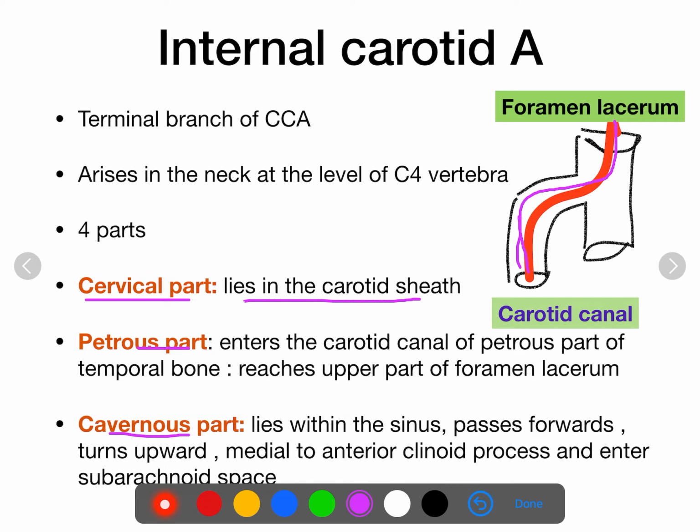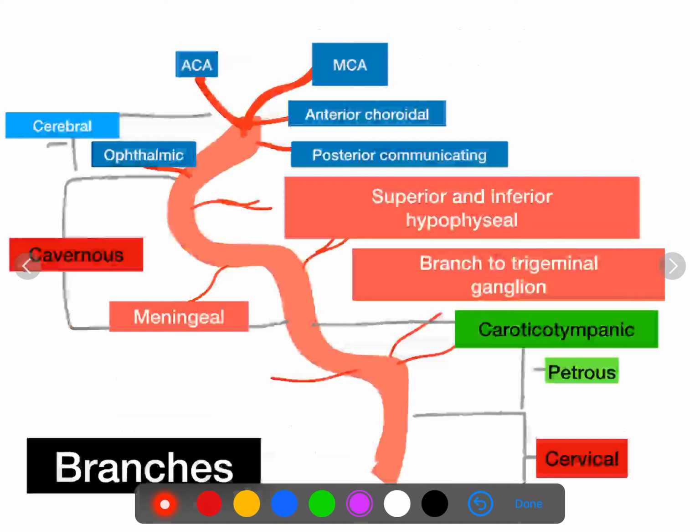This coming out lies medial to the anterior clinoid process. Now the cerebral part lies lateral to the optic chiasma, and there it divides into its terminal branches, that is the anterior cerebral artery and the middle cerebral artery.